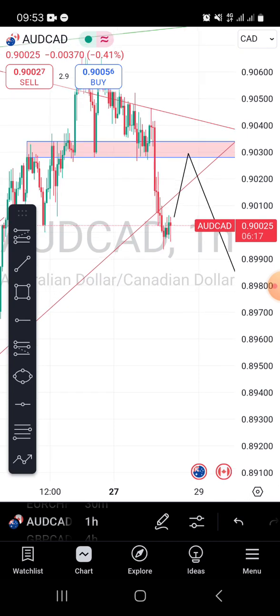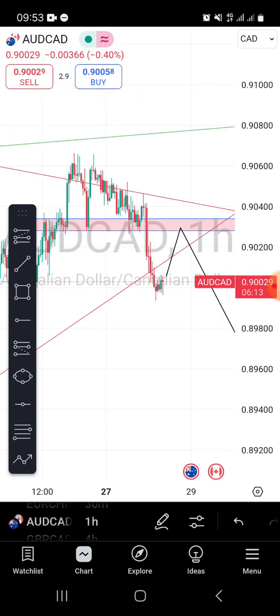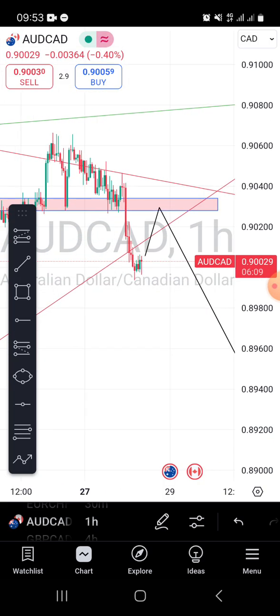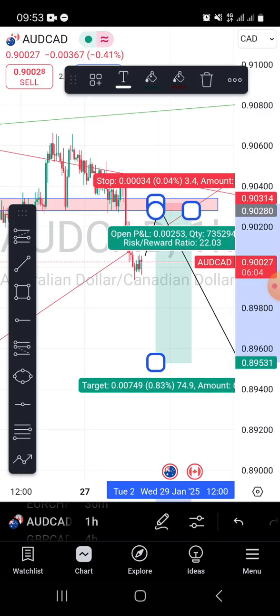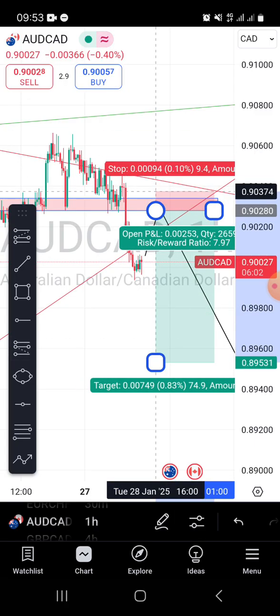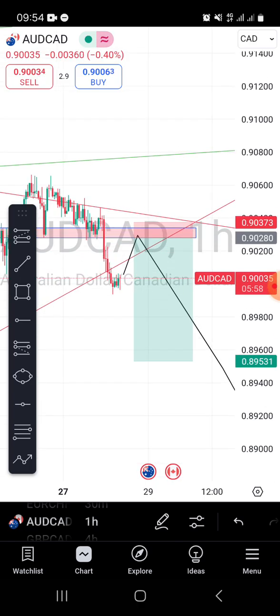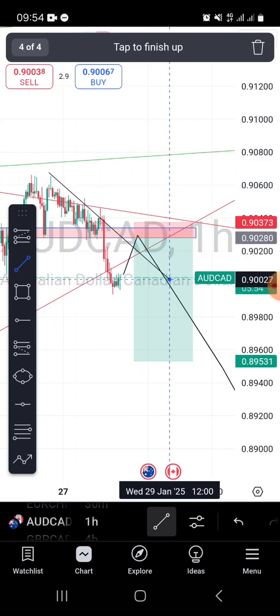So I'm only interested in selling AUD CAD. I'll be patient enough for this pullback, this retracement to happen. Then I'll take my sells on AUD CAD, something like this. Hopefully it happens. However, if it does not happen, I will always be looking for an opportunity to sell it.